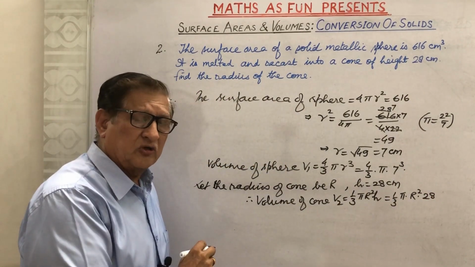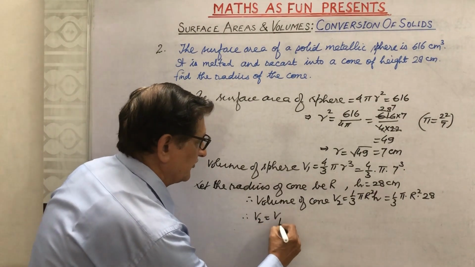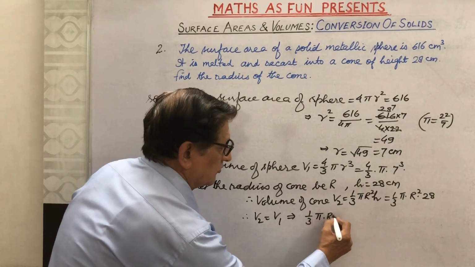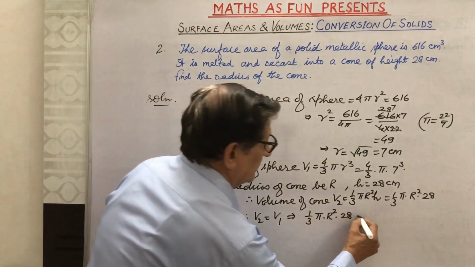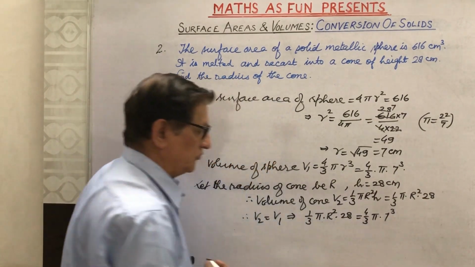Now we compare the volumes. Volumes are to be equal. So we can write therefore V2 is equal to V1. V2 is 1 by 3 pi into r square into 28, V1 is 4 by 3 pi into 7 cube.